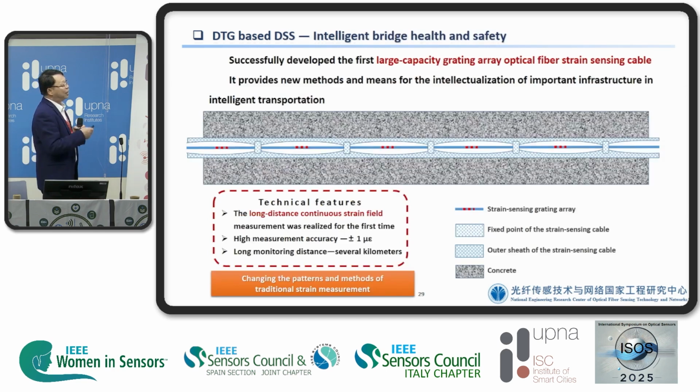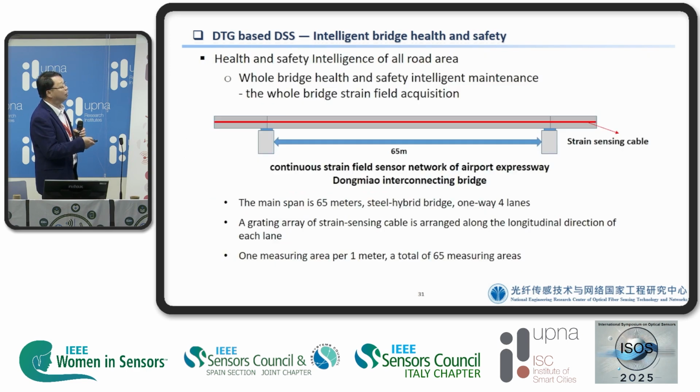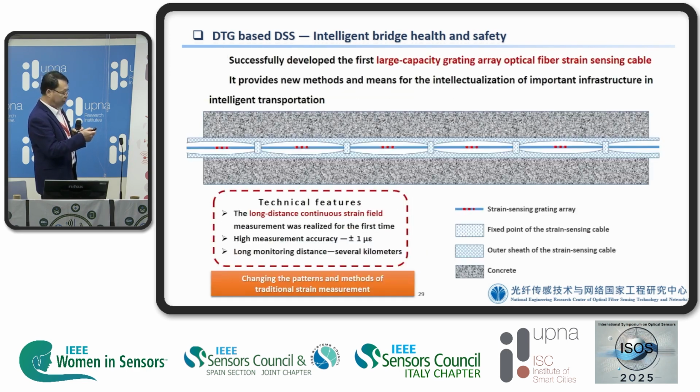Okay, another demonstration for the distributed strain sensing. For example, in China there are many huge structures which need to be monitored for the deformation, for the strain. And we make this kind of cable, as you see here.